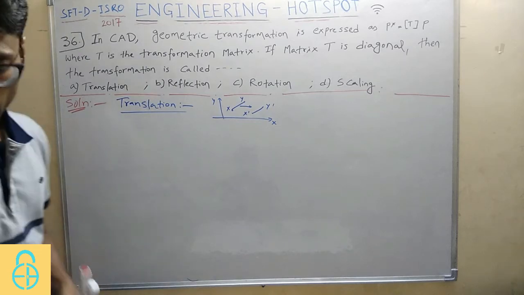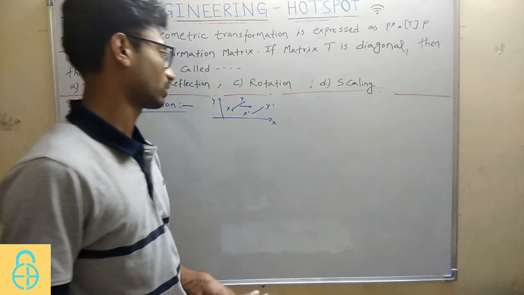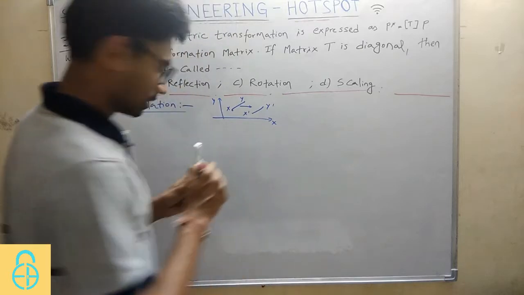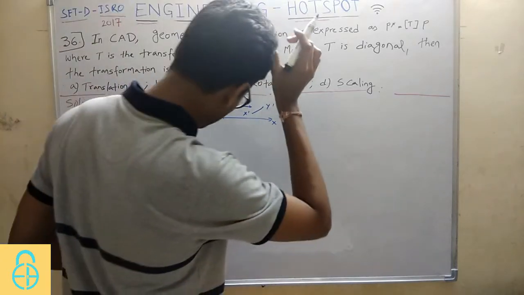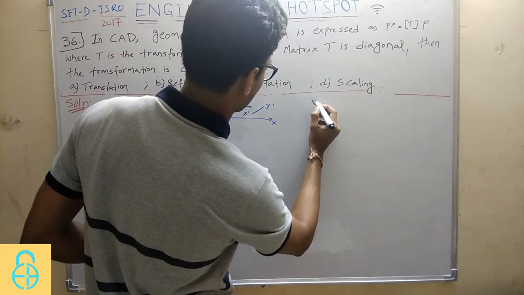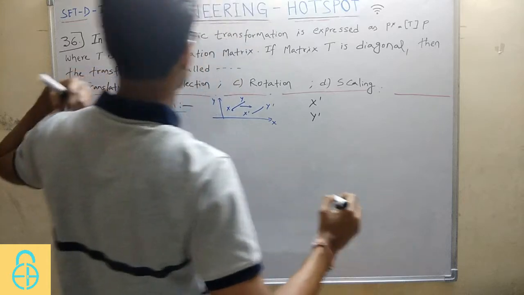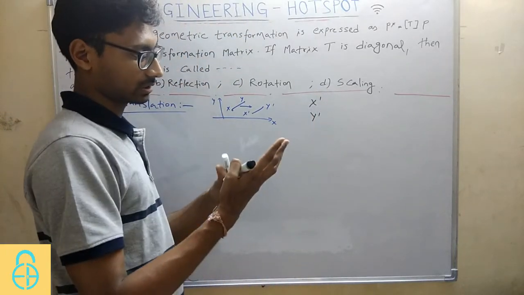We can represent this translation with the help of a matrix. This is given by the new transformation matrix, denoted as x dash, y dash. If it is a 3D figure, there will be three axes, x, y, and z.